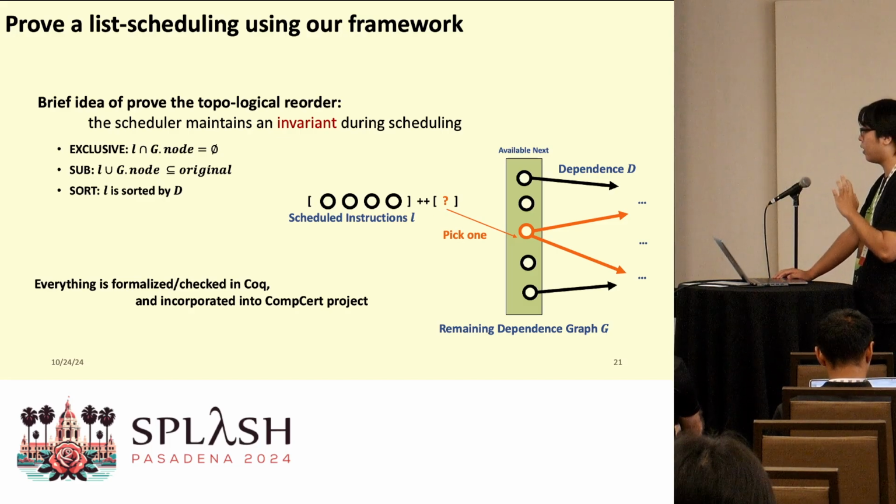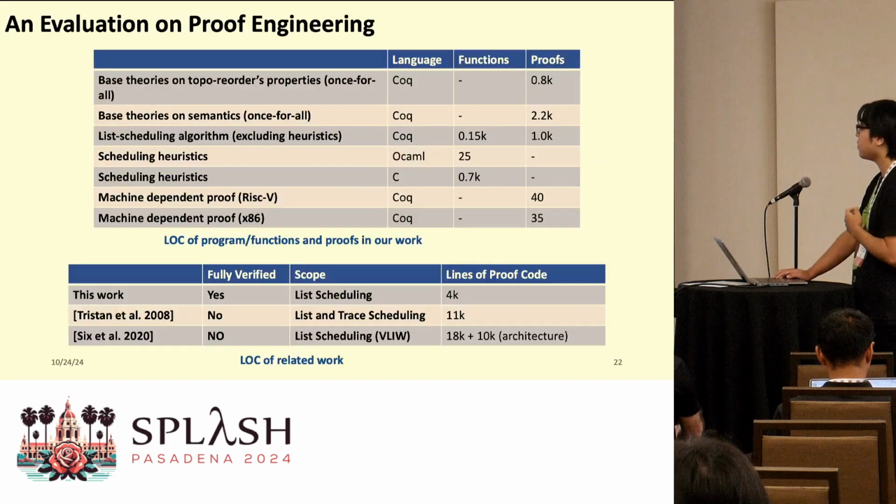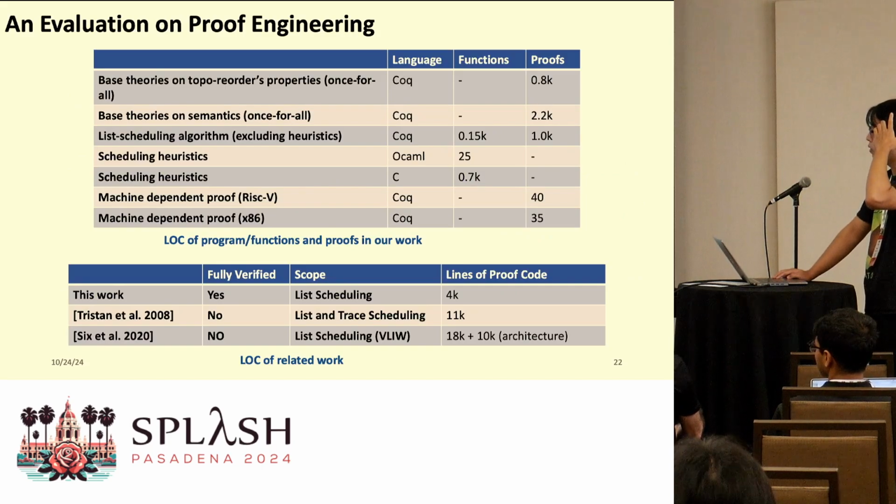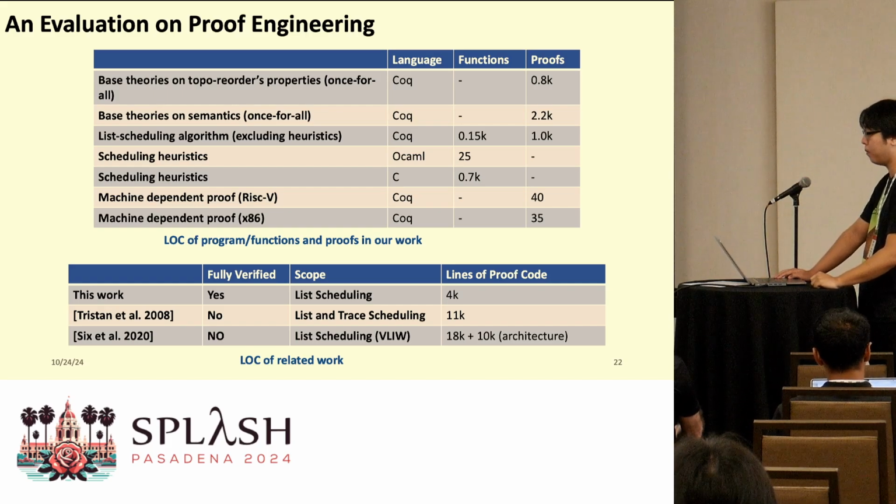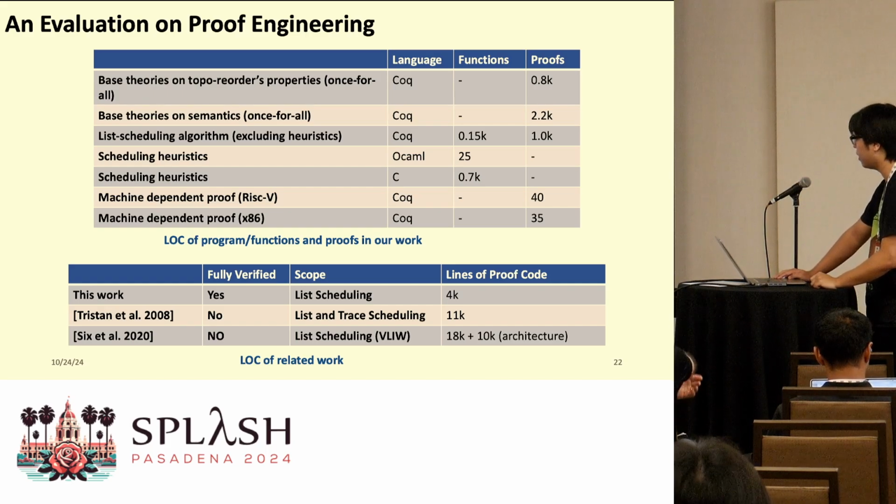And we also incorporated it into the CompCert project and made it possible to compile a C program into a targeted machine program. So we can do an evaluation of this project from two views. The first view is proof engineering. How lightweight is our work?